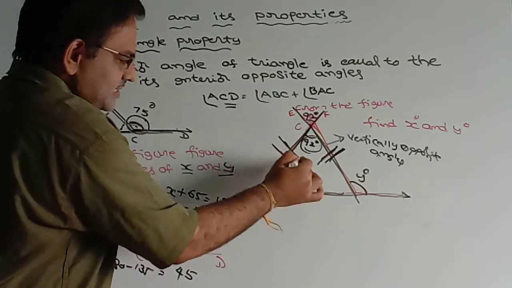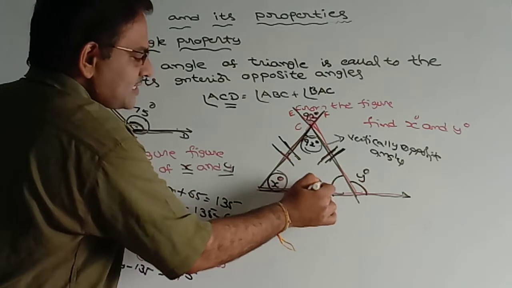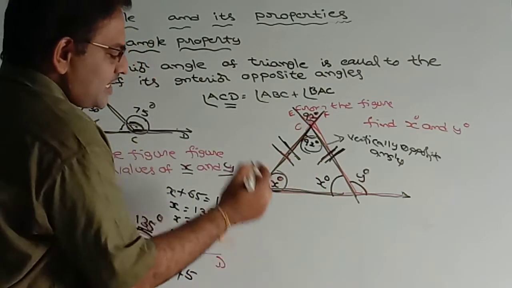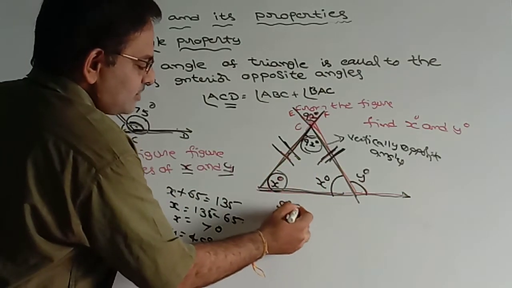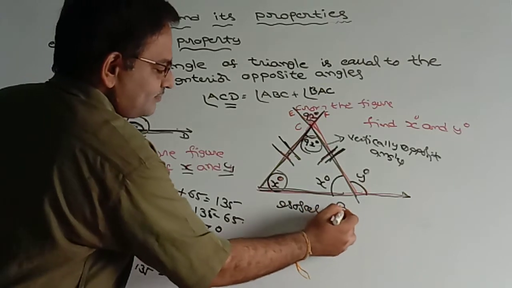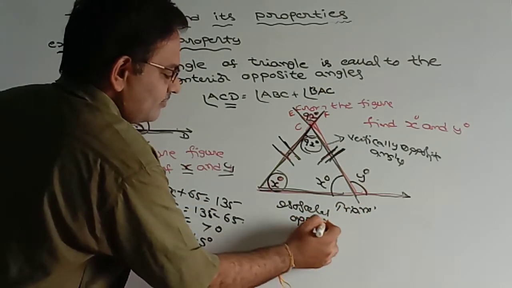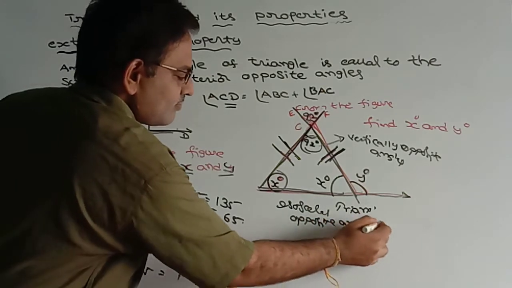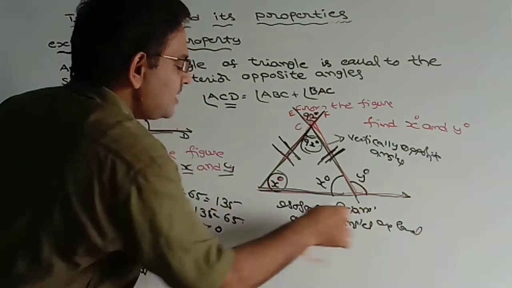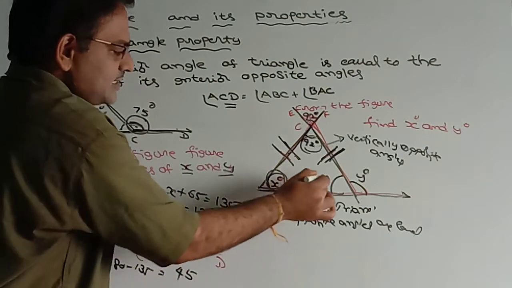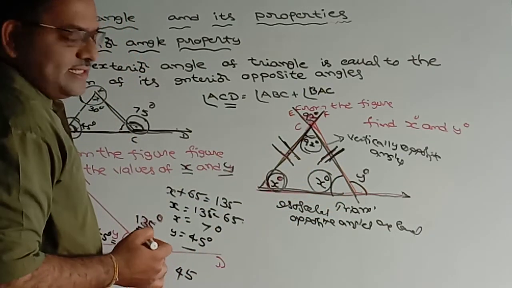Similarly, this side's opposite angle is also x degrees. What is the concept? In an isosceles triangle, opposite angles are equal. Based upon the concept, here x degrees, this is also x degrees.